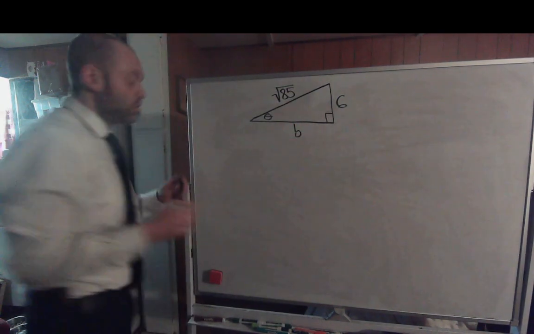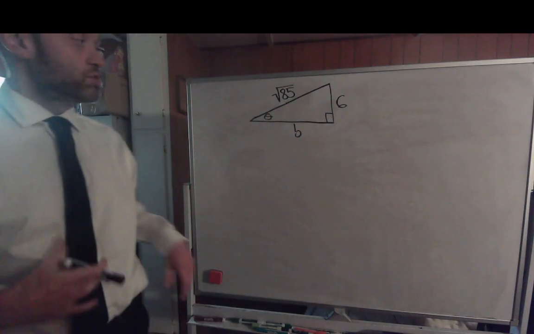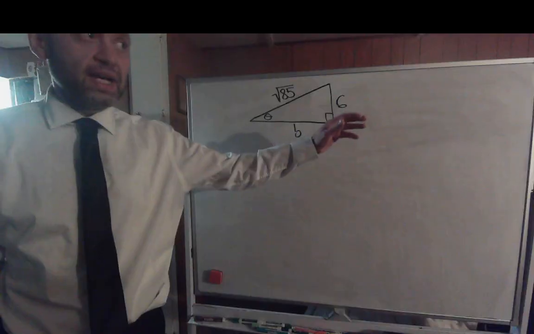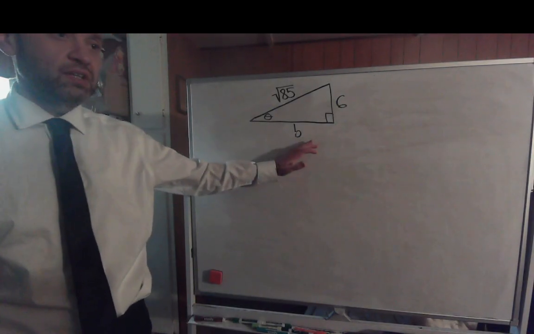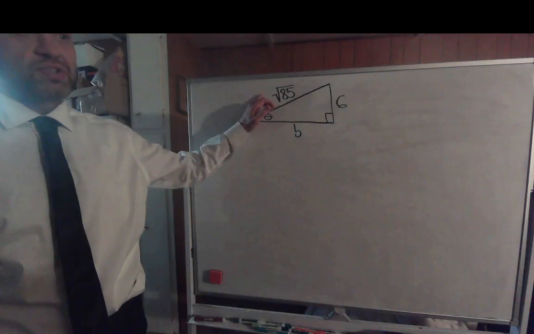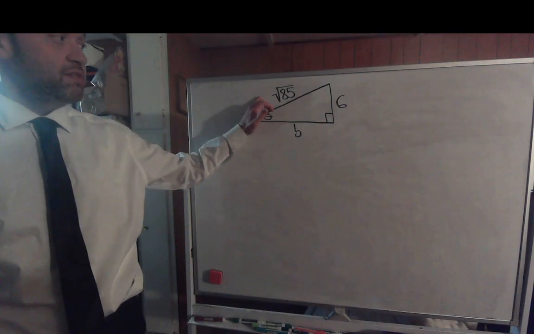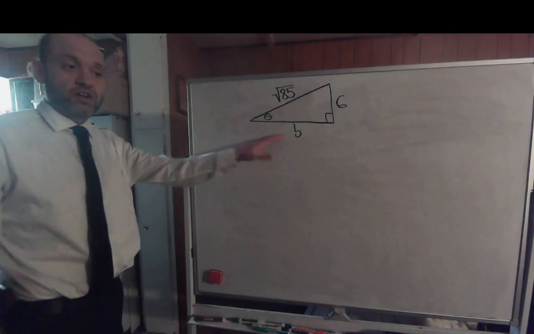Alright, so we have another right triangle, one leg with length of 6, the other leg length of b, hypotenuse length of the square root of 85. So let's use the Pythagorean Theorem to find b.